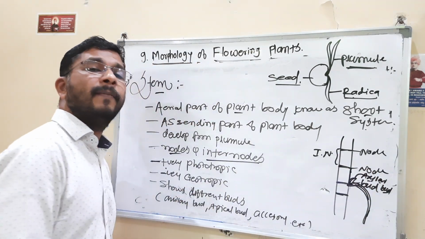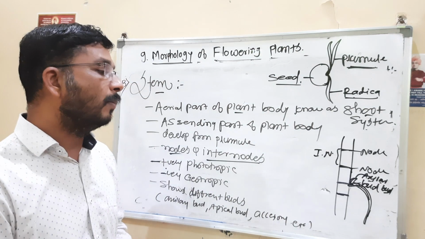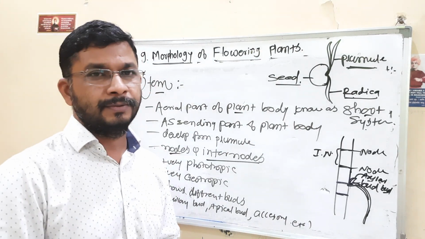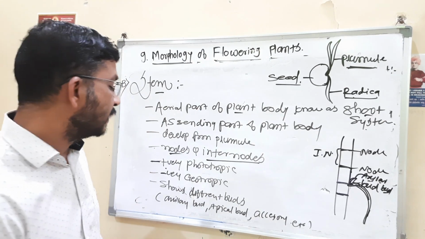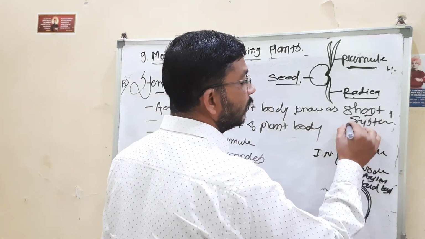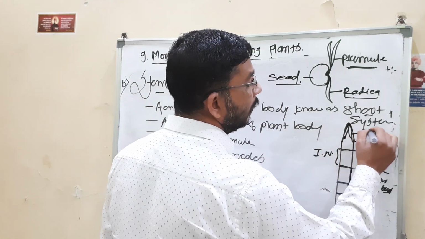And what is the function of the axillary bud? These axillary buds form branches. Then the next thing is the apical bud. This word indicates where it is found, in the apical region.